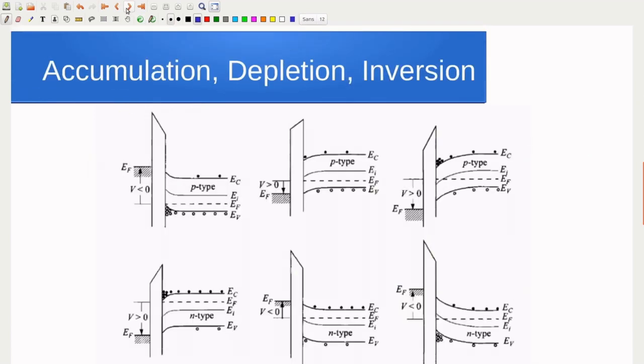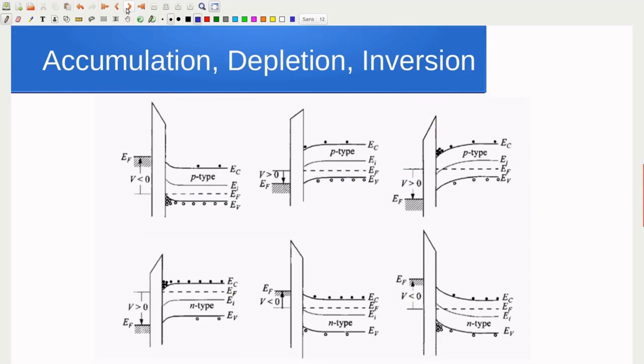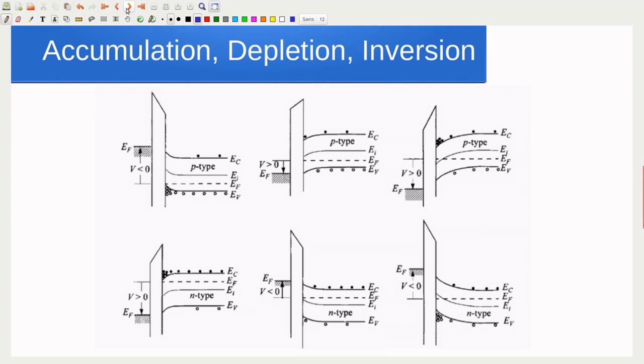To understand this in more detail, we will consider this diagram. On the top of the diagram, we have three conditions that we will be discussing regarding the p-type.